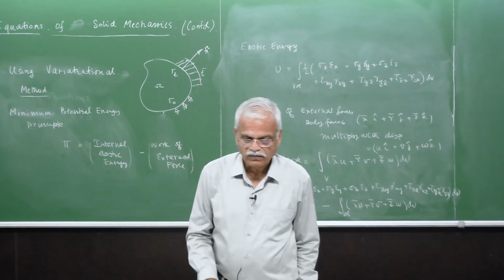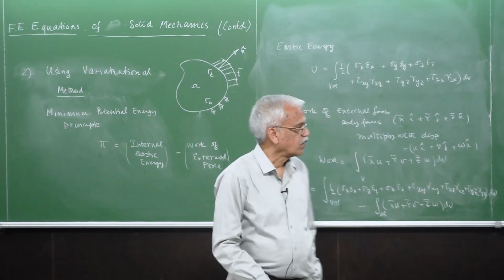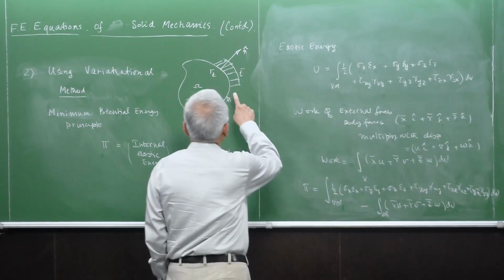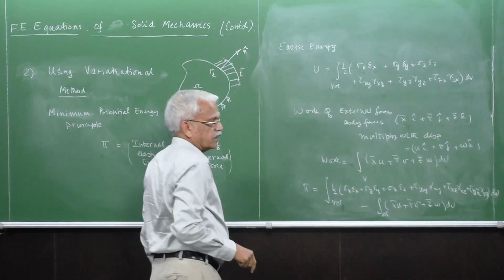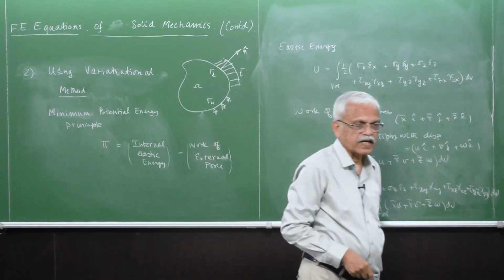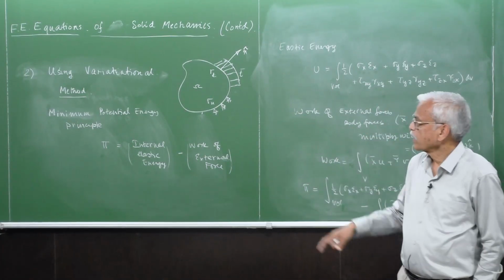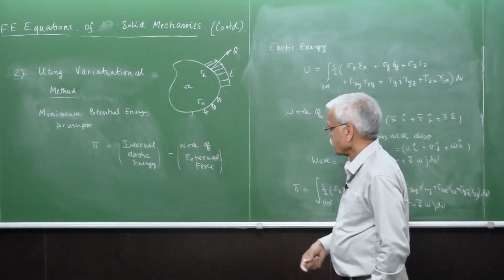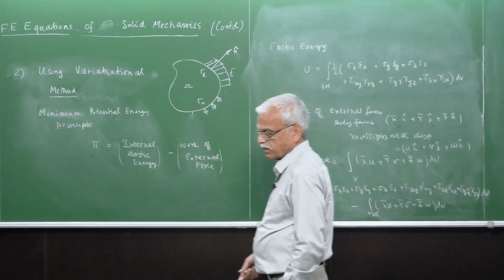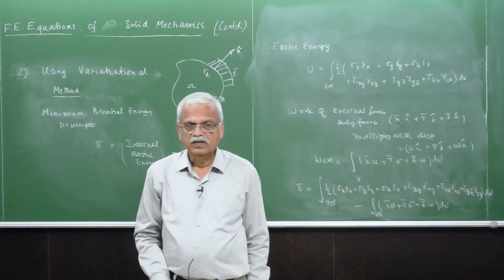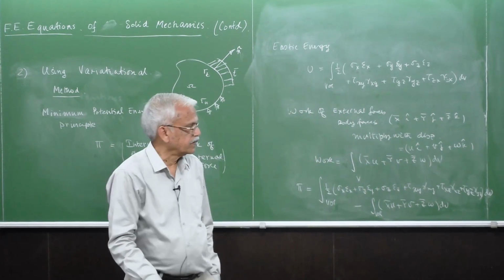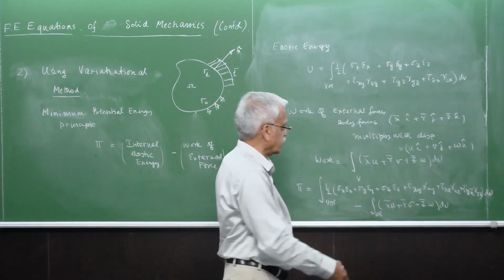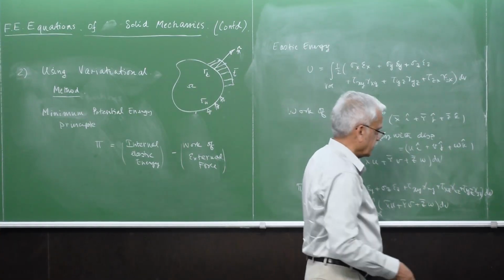The work of external forces can also include the work of the traction acting on the boundary, gamma T boundary. So that also can be taken care of, just like we did in the case of the weighted residual method. That can be included, but let us just see this one.